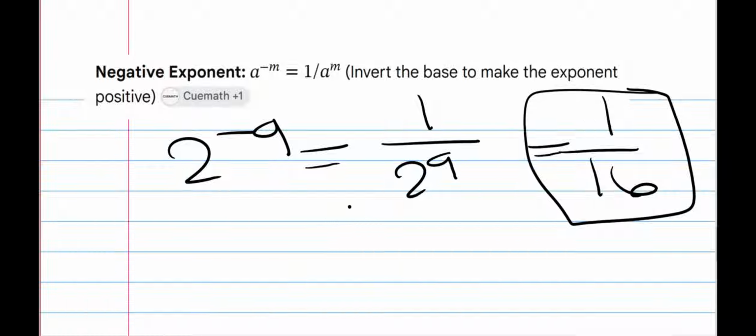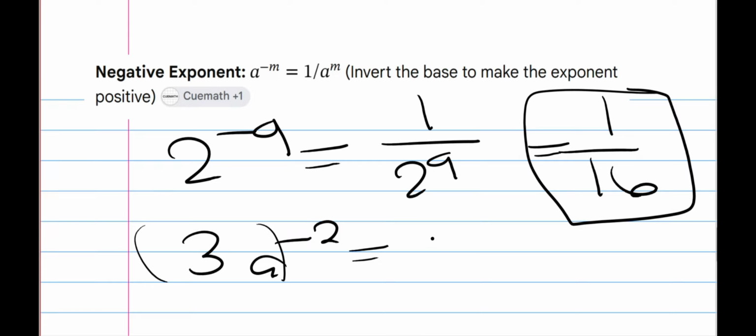And next would be 3a to the negative 2. Since we're given a power of a power and a negative exponent, I would first do the negative exponent rule, where I invert the base to make the exponent positive.